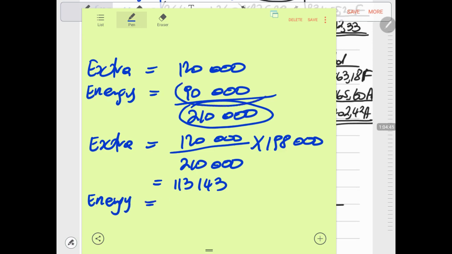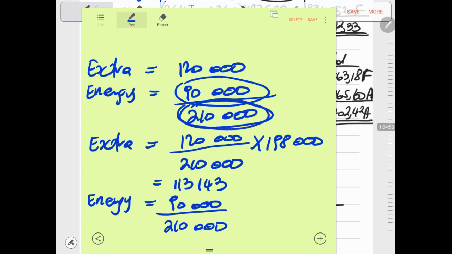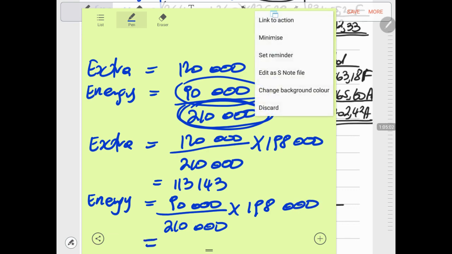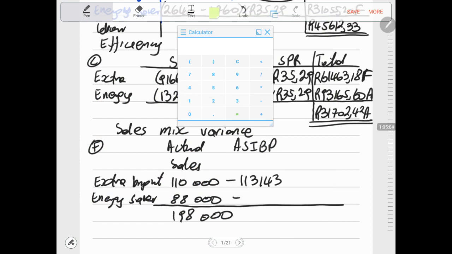We say how many units were budgeted: 90,000 units. The total units for all the products budgeted was 210,000. We multiply this by 198,000 units. When we do that, it will give us the actual sales in budgeted proportion. Therefore that will be 90,000 divided by 210,000, multiplied by 198,000.